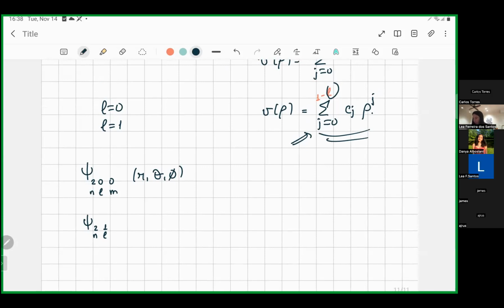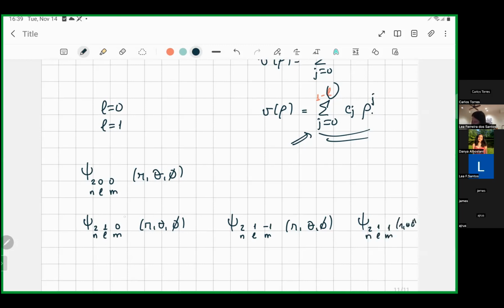So L can be 1. And then what is going to be M? Well, M can be 0. This is a solution, but M can also be minus 1. That's another possible solution. And M can also be 1.